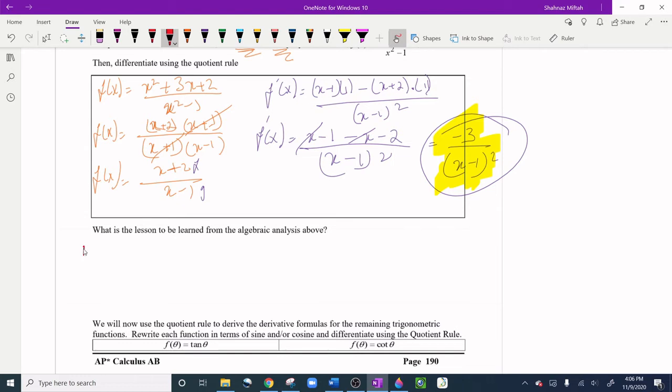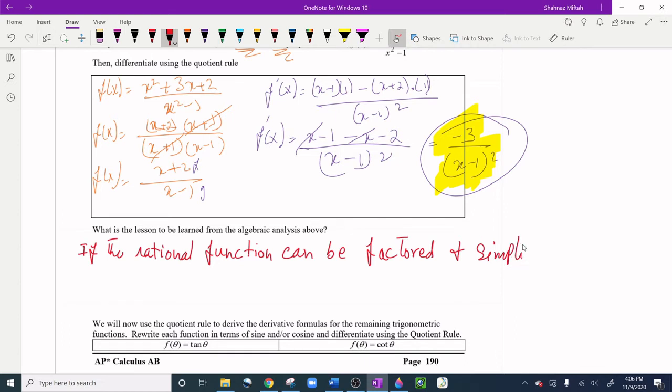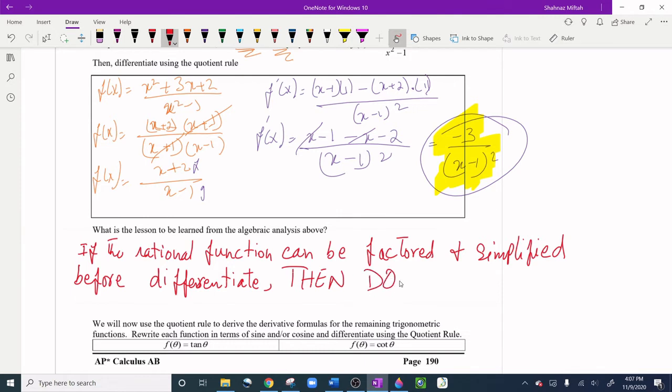We learned that if the rational function can be factored and simplified before you differentiate, then do it.